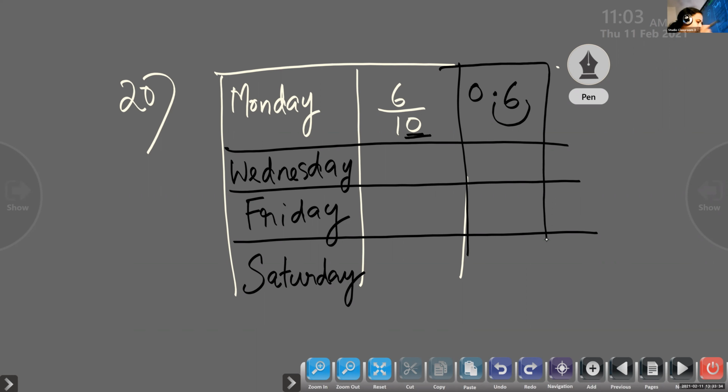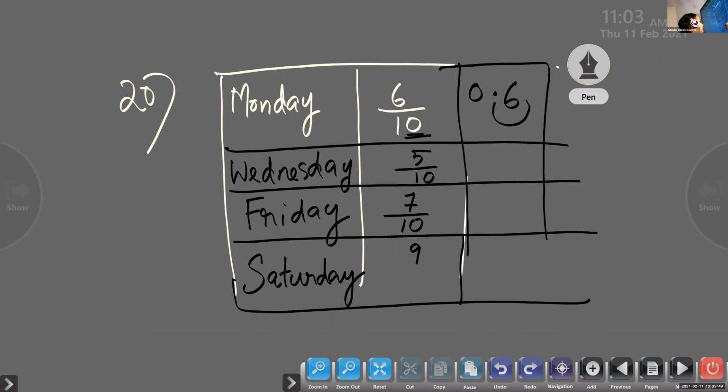So we have 5 by 10. Children, write alone. 5 by 10, 7 by 10. The last one, Saturday, it is 9 by 10.